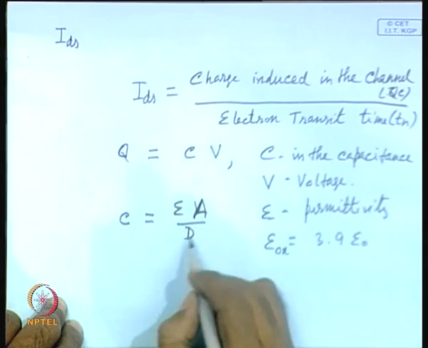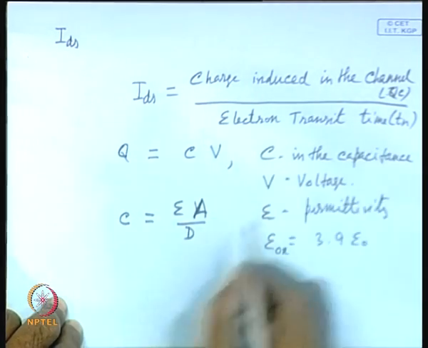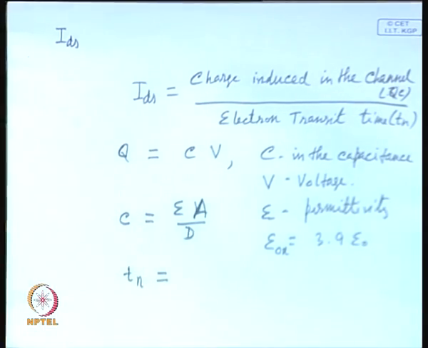Now, this is the expression for capacitance. What about the electron transit time? Tn will depend on what? First of all, it will depend on two things. Number one is speed, and second is distance.